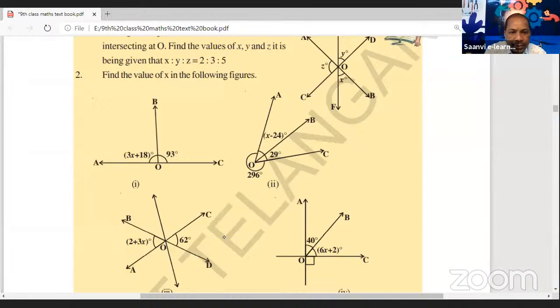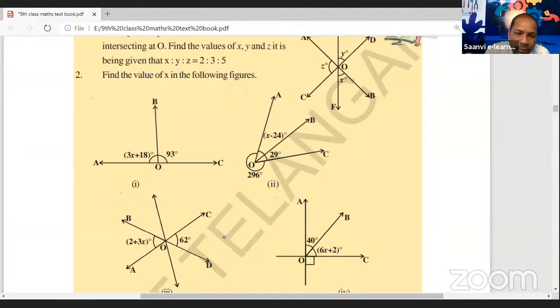Adjacent angles means side by side. Angles formed side by side are called adjacent angles. If two angles have a common vertex and a common arm, they are called adjacent angles. These two angles have a common vertex O and a common arm OB, so definitely they are adjacent angles.